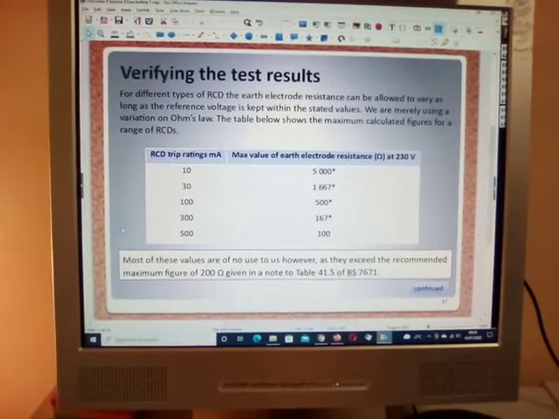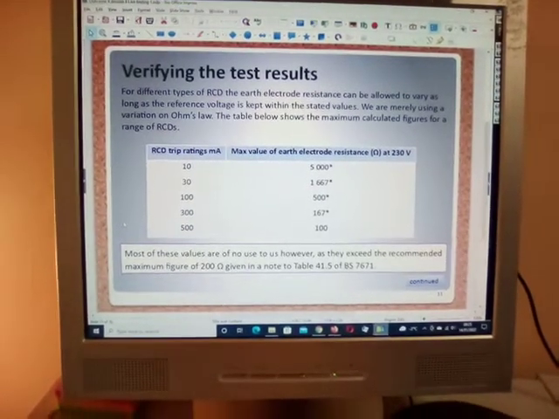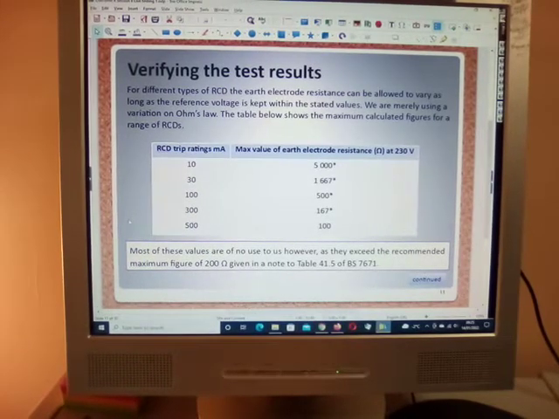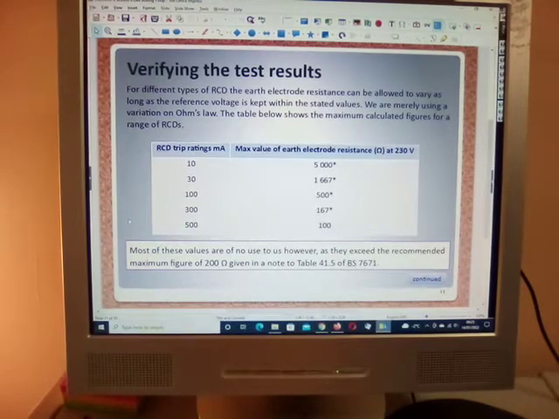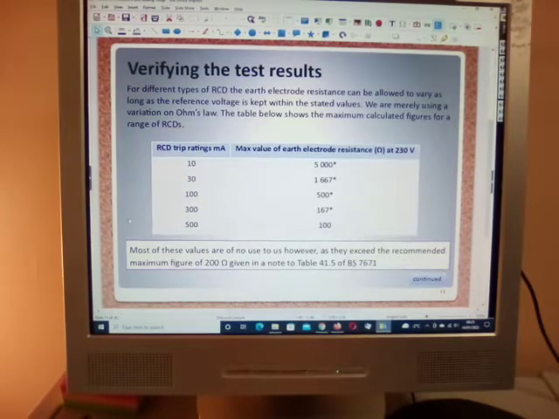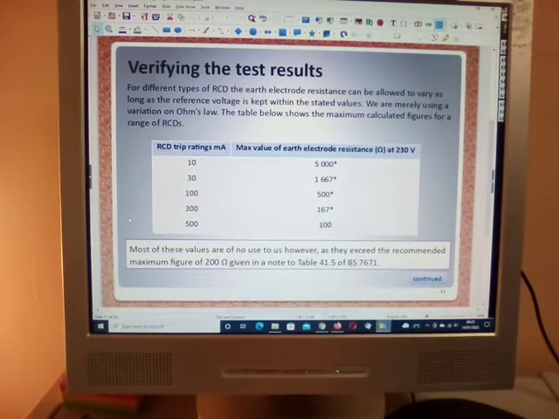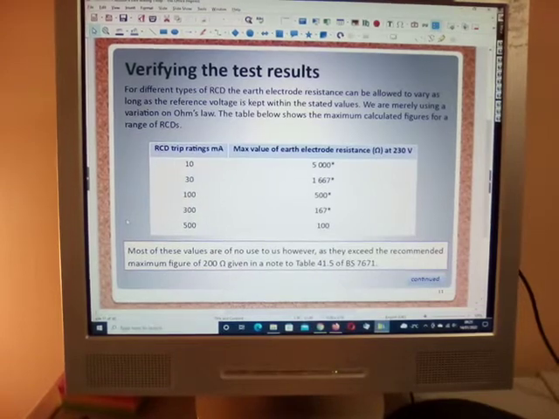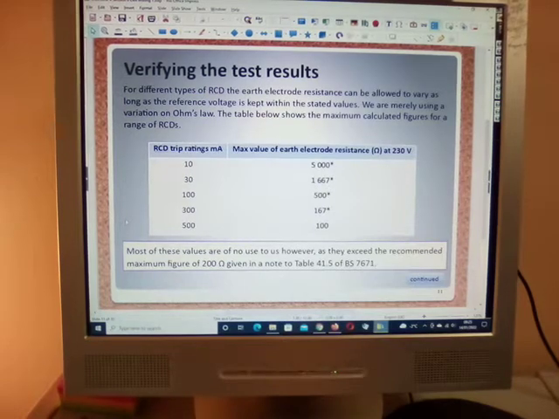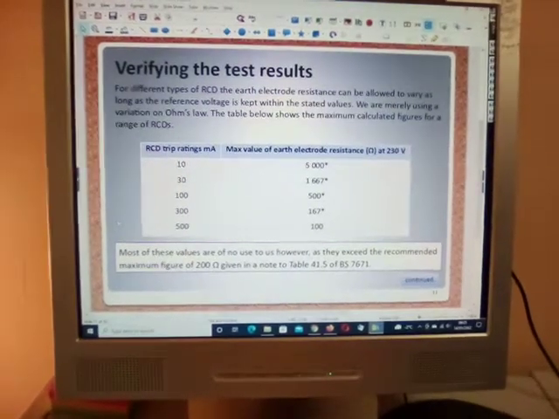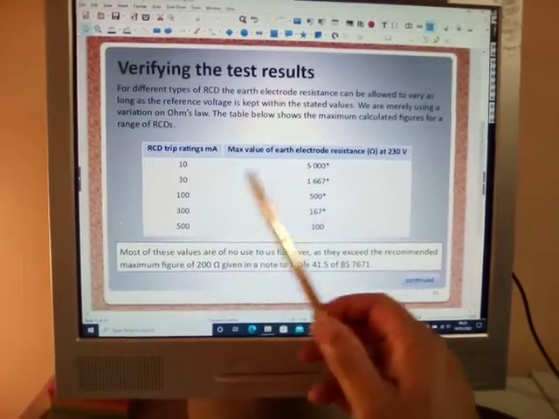And here we are simply looking at verifying the test results. Okay. Remember that each type of RCD, now be aware that this table, these values here are not quite right, okay?